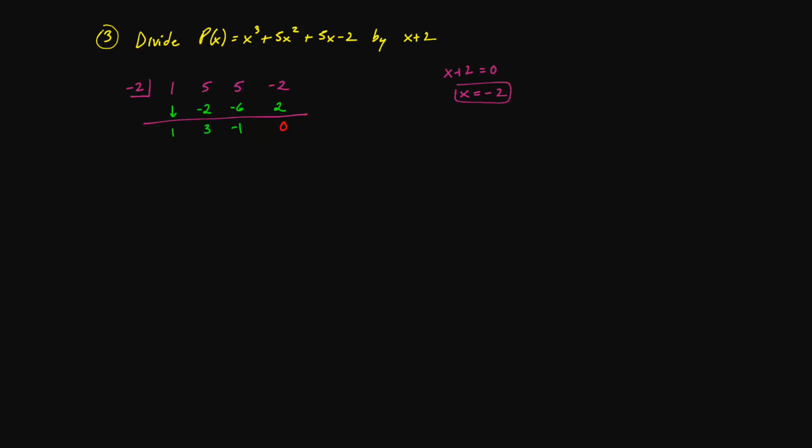And let me write those out. So we have x plus 2 times, in this case, x squared plus 3x minus 1. And together, this will equal our original p of x function, x cubed plus 5x squared plus 5x minus 2.